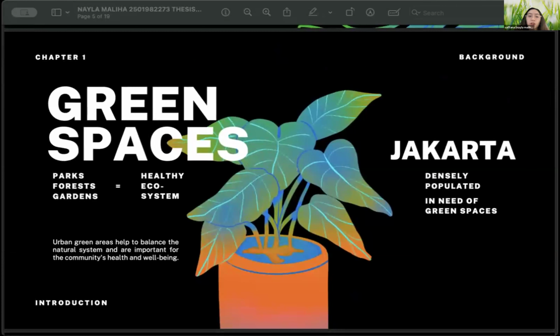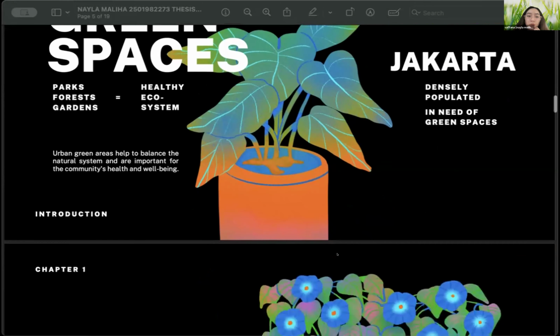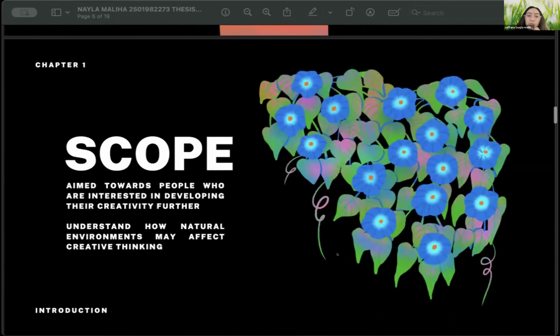But for Jakarta, a city with rapid urbanization that is becoming more densely populated, open green spaces have become ever more crucial. This paper is aimed towards people in the creative industry, but also people in general who are looking for ways to develop their creativity further by understanding how natural environments may help boost creative thinking.